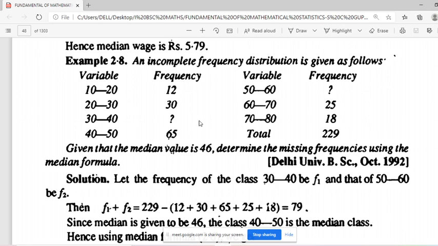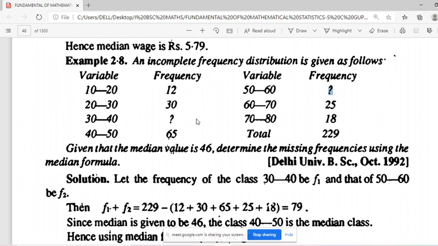So the possibility of the median class will be this one, because if we add these observations we can see that it is very close to 114. The total of these three observations is 107. So the possibility would be here. If this frequency is 0, the median class will be here.